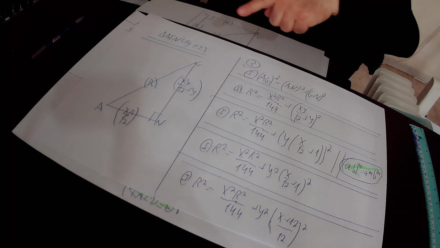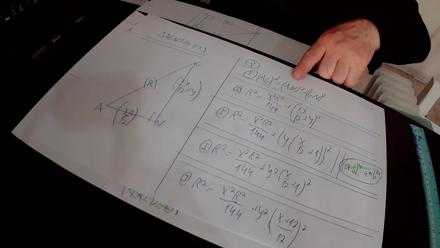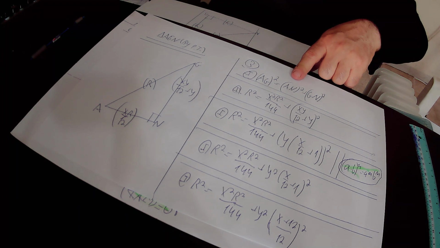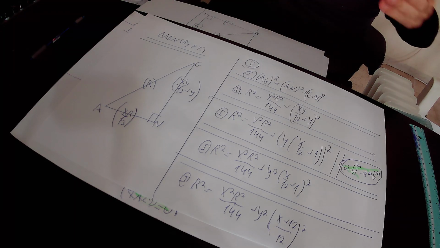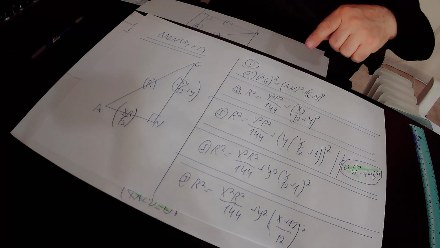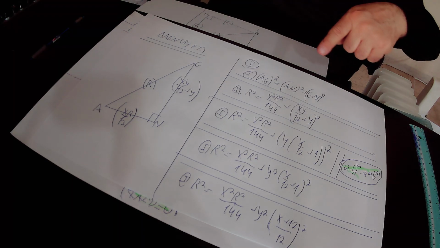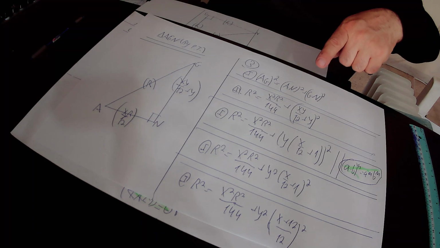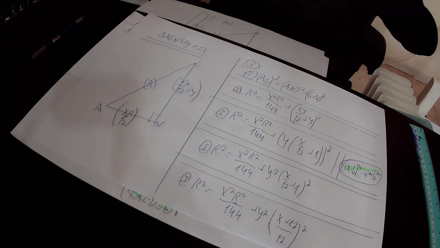AG is R, therefore AG squared is R squared, and it equals AN squared plus GN squared. AN is XR over 12, therefore AN squared is (XR over 12) squared, which equals X squared times R squared over 12 squared, that is 144. So R squared equals X squared times R squared over 144 plus GN squared. GN is xy over 12 plus y, therefore GN squared is (xy over 12 plus y) squared.